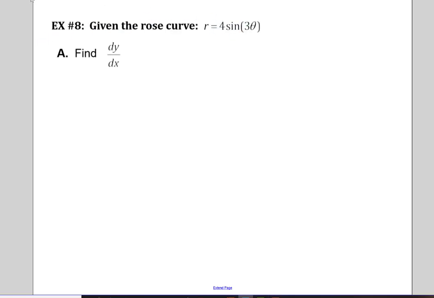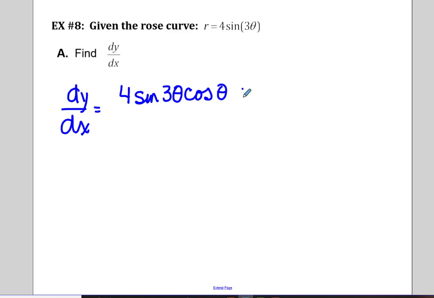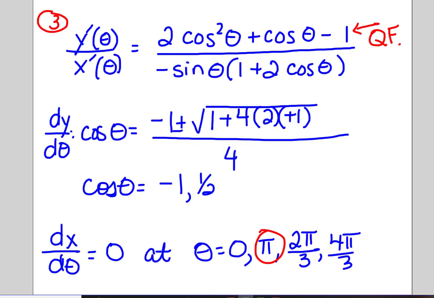We've got r equals 4 sine 3 theta, and we want to find dy/dx. So dy/dx is 4 sine 3 theta times cosine theta plus 12 cosine 3 theta sine theta. So I'm doing what we found on our table back here.